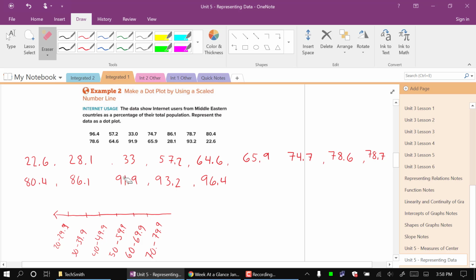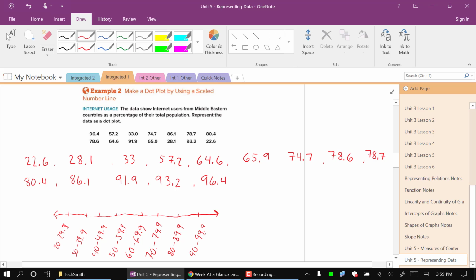Or no, let's erase this part. This one. Put the line back. This was 60, 70, 80, 90. So 80 would be 80 to 89.9, and then 90 to 99.9.